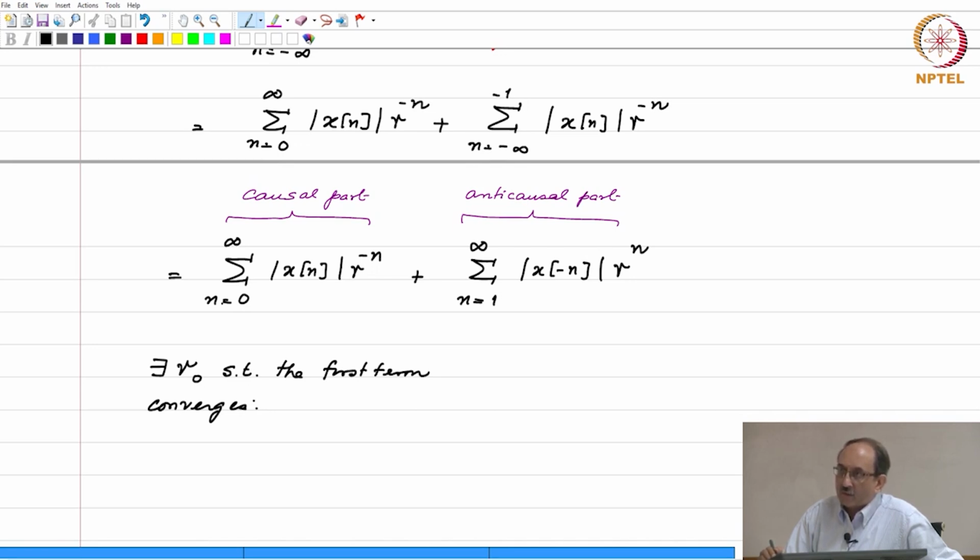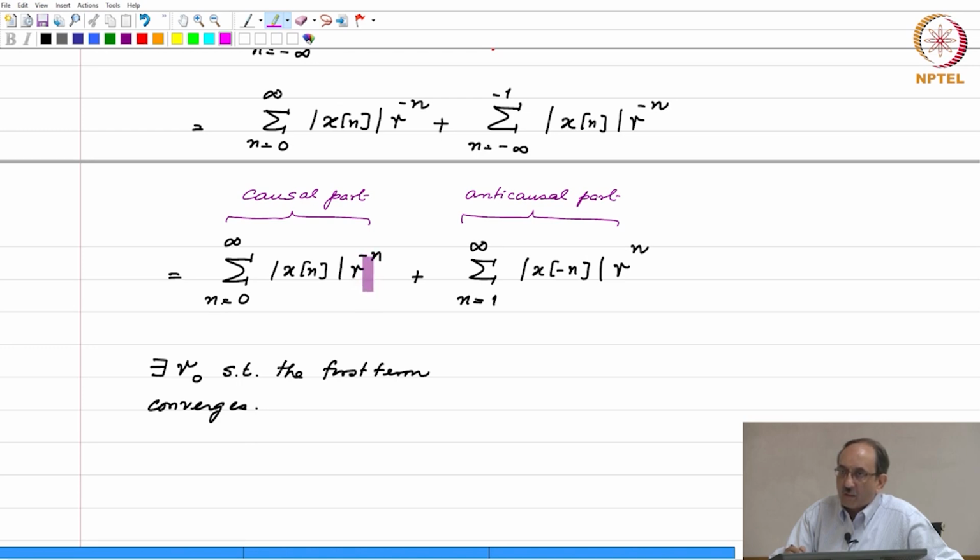The sum will converge, because if you consider a value, say R, that is greater than R naught, then the weight that you apply to the sequence decays more rapidly, right?